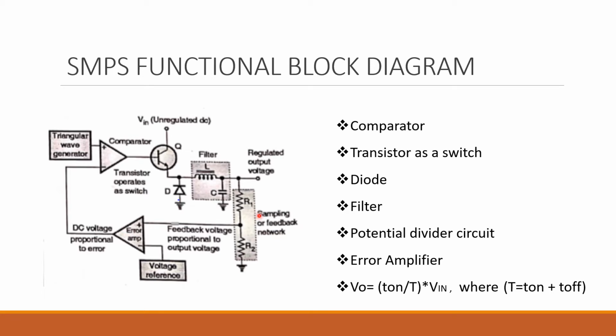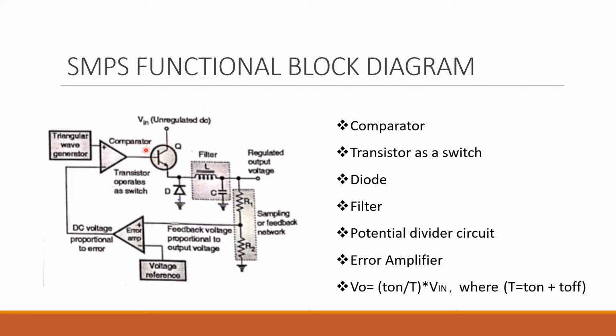So, potential divider circuit designed by R1 R2 resistor, error amplifier and comparator, these three elements together will generate pulse that we are giving at base of the transistor.